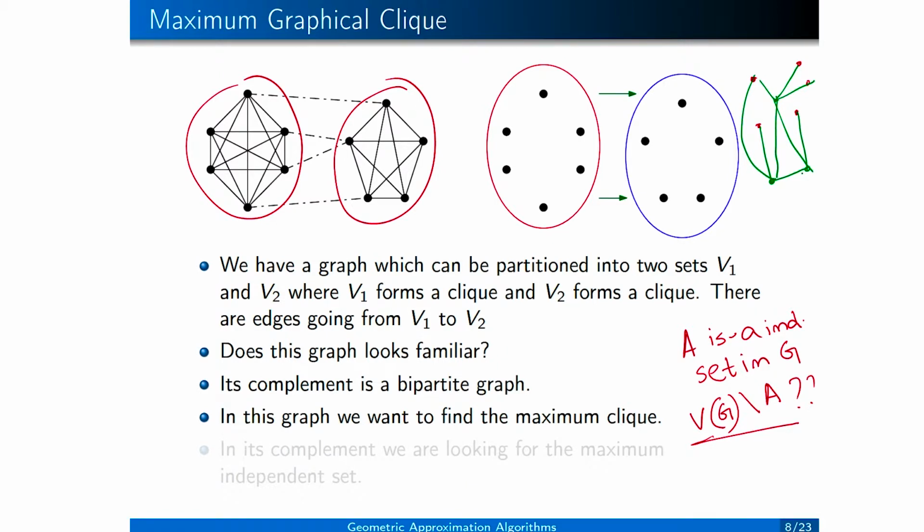Every edge has to have at least one endpoint in a green vertex. We cannot have an edge whose both endpoints belong to red vertices. That will contradict the definition of an independent set.